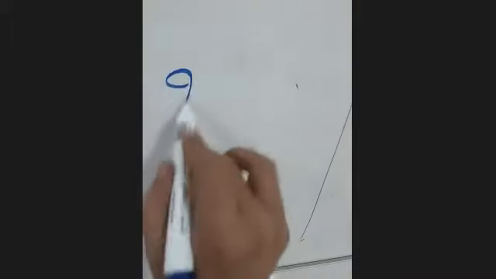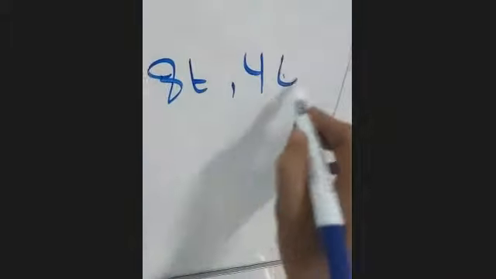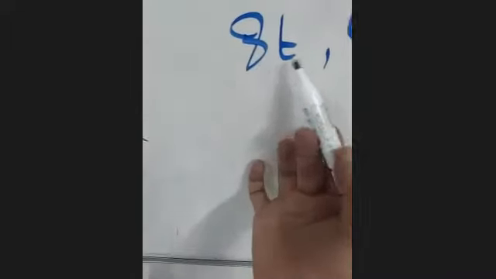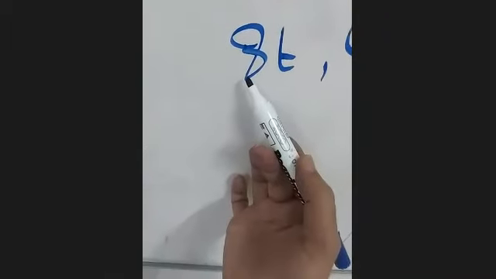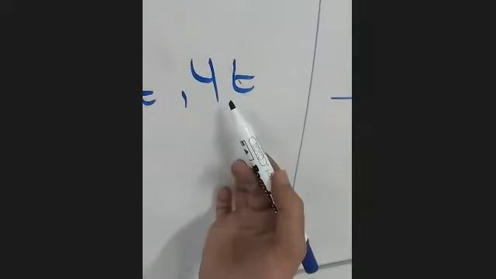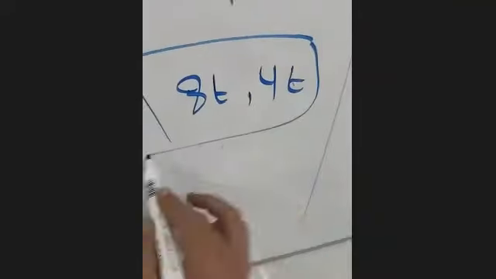When I say 8t or 4t, what is the variable here? T. The 8, we call it coefficient. Okay? What is the variable here again, Abdul Sattar? T. What is the variable here? T. So these two terms, we call them like terms.